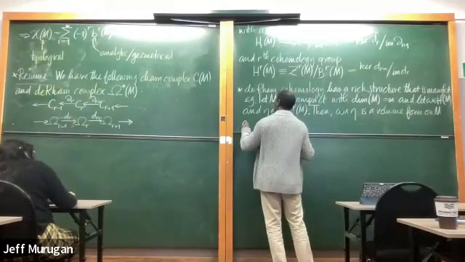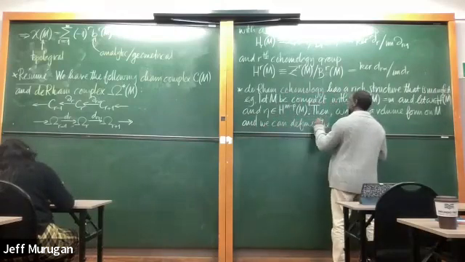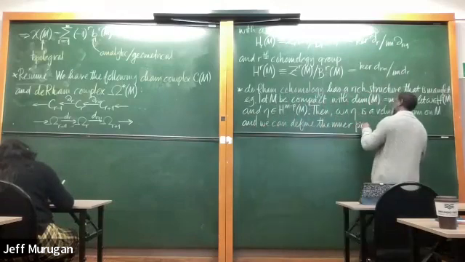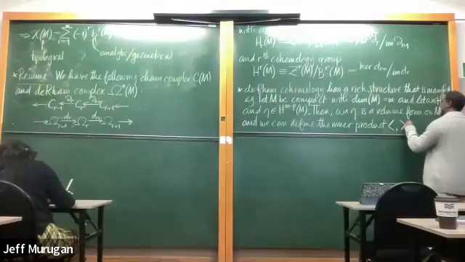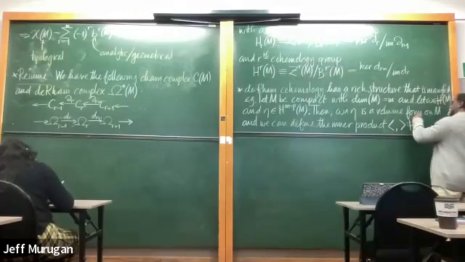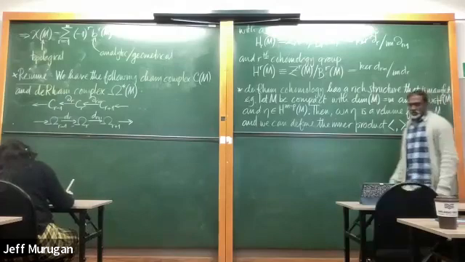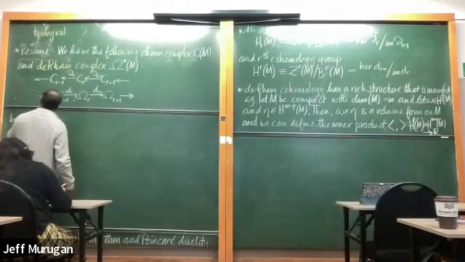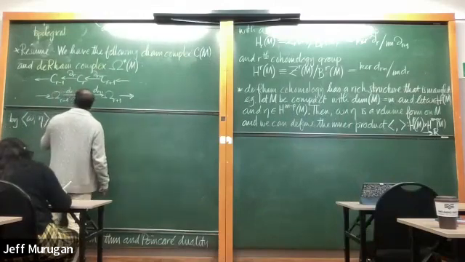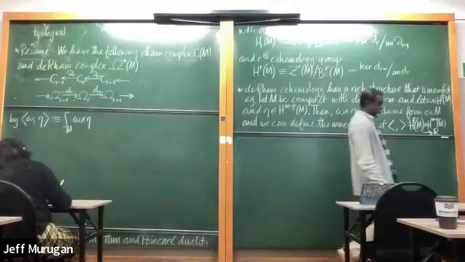So now we can define an inner product on H^p(M) plus H^(m-p)(M) to R by taking omega and theta as the integral over the manifold of omega wedge theta.